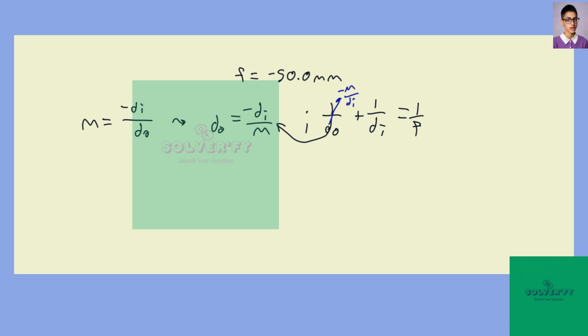And finally, since we want to get the image distance, we just rearrange slightly to get di is equal to 1 minus m times the focal length.